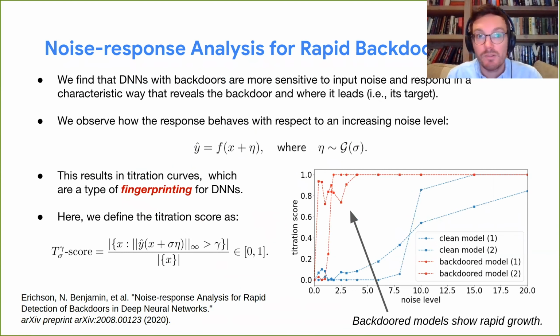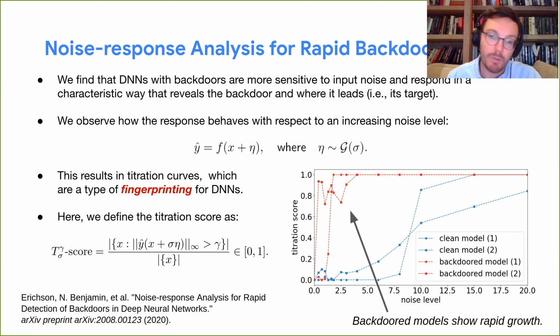Another idea is to use the concept of noise response analysis to measure the robustness of a neural network. Particularly here, we were interested in using noise response analysis for detecting whether a model was trained with a backdoor or without a backdoor. You can see that backdoor models have somewhat strange behavior.